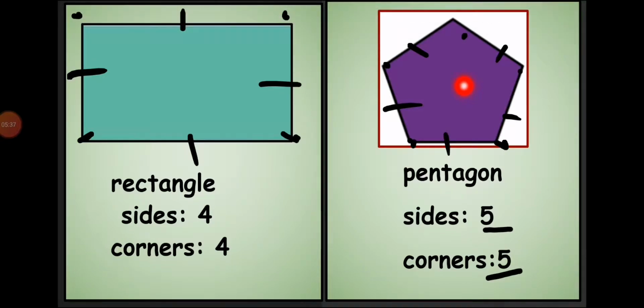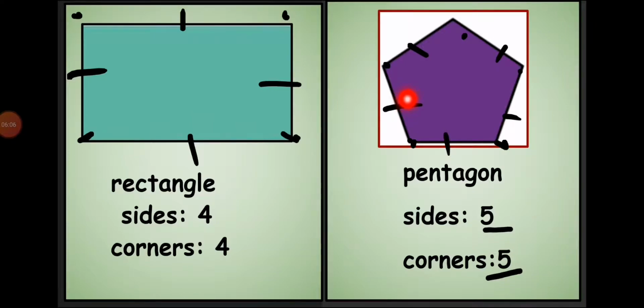This shape has 5 sides and 5 corners. A pentagon. Penta means 5 and gon denotes angle. An angle is made when 2 straight lines meet. It's a corner. So a pentagon has 5 straight sides with 5 corners, a flat surface 2D shape, a closed shape. A pentagon has 5 straight sides, but the sides do not have to be of equal lengths.